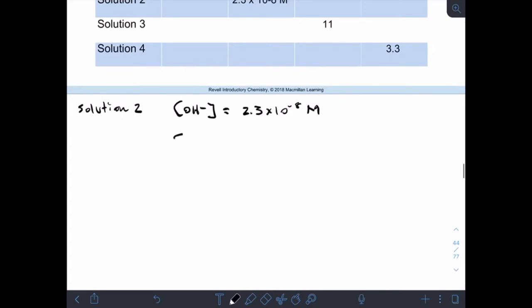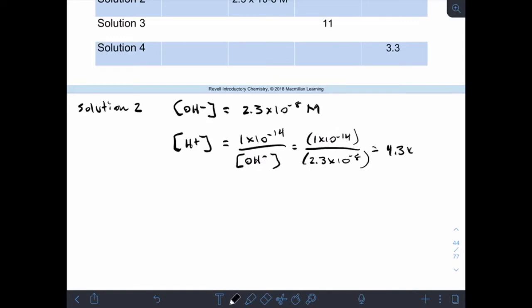So if I want to know the H plus, I can say 1 times 10 to the minus 14 over the OH, divided by 2.3 times 10 to the minus 8. And when we compute that little beauty, we get 4.3 times 10 to the minus 7 molar.